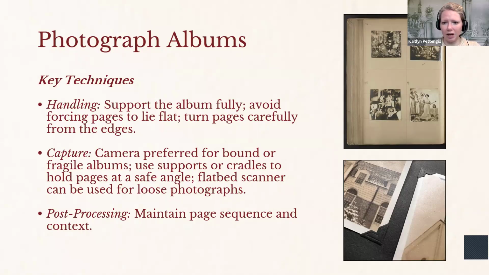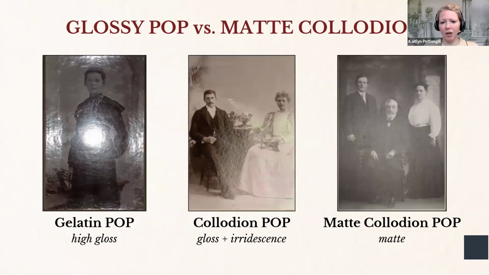Right. Next slide. So this slide illustrates why surface characteristics matter. These prints may contain similar image content, but they interact with light differently. Glossy surfaces can produce reflections and glare. Matte surfaces behave differently. Some processes may show iridescence or other optical effects.